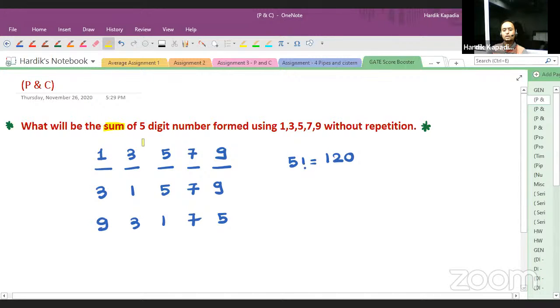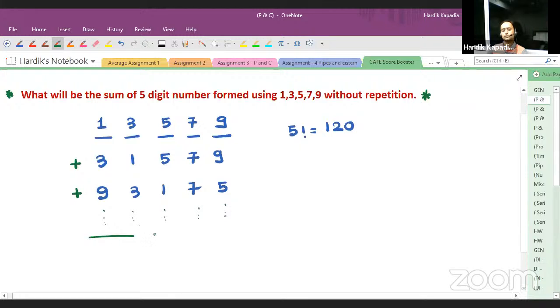Sum of the 5-digit numbers formed. So you need to do this plus this plus this and so on till 120 different numbers. So you need to find the sum of all the 5-digit numbers formed by 1, 3, 5, 7, and 9.